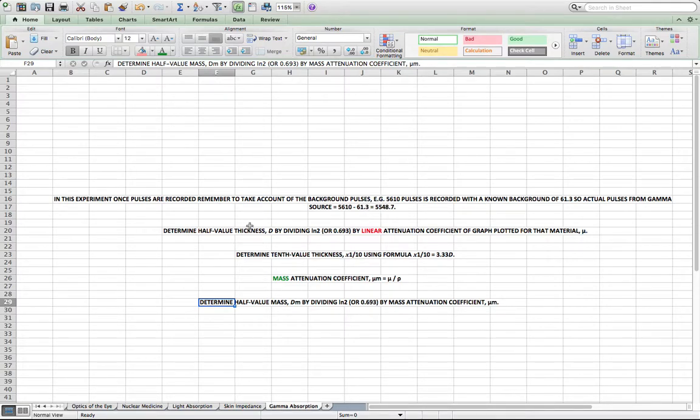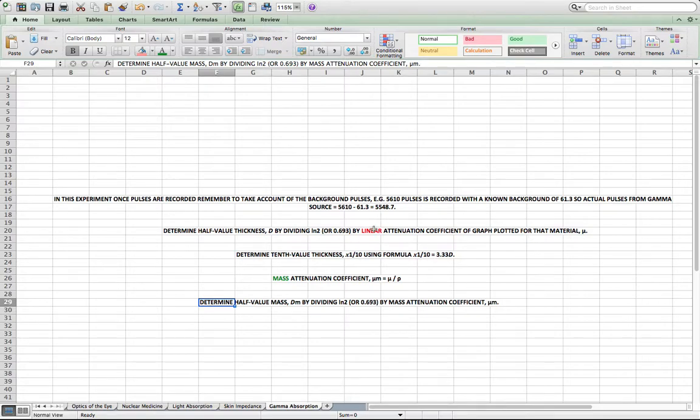A formula is given for this, so this is a formula you have to remember, which is ln2, which you can remember is 0.693, and you have to divide that by the linear attenuation coefficient of the graph you plot for that specific material. This lab report seemed to be specific to lead.